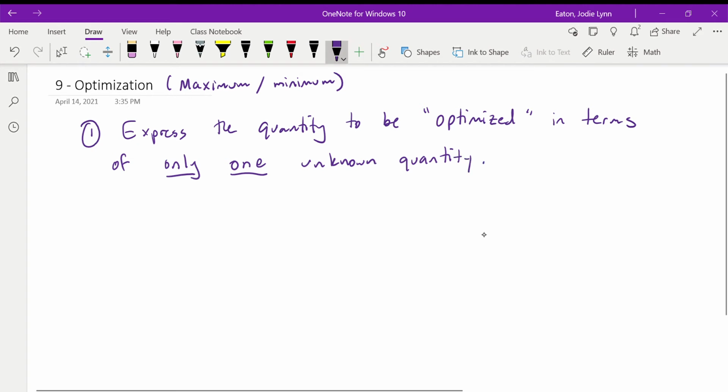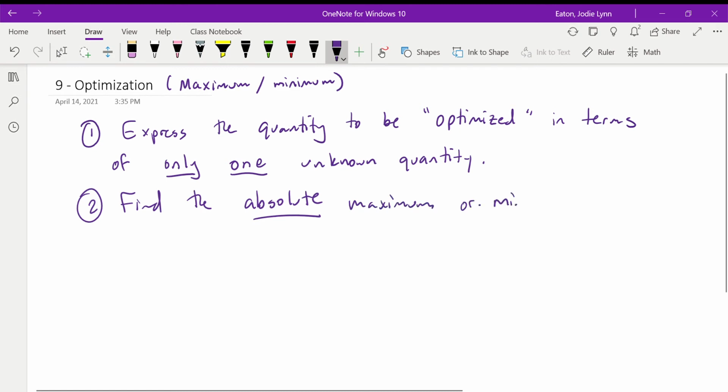Number two, we're going to find the absolute maximum or minimum of f of x on its domain.